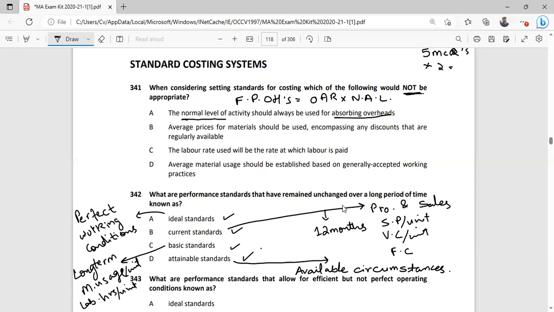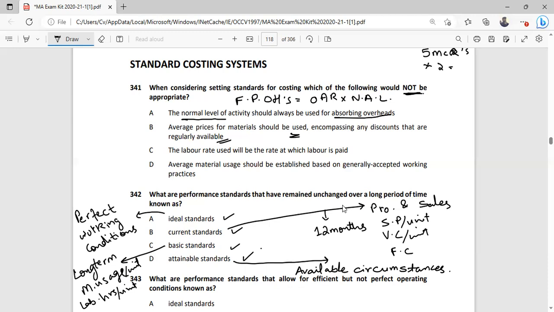A is correct. Average prices for the material should be used encompassing any discounts that are regularly available. If we know what would be the material price or there will be no significant change in the material price, we can use average price per kg, average price per meter, average price per yard.